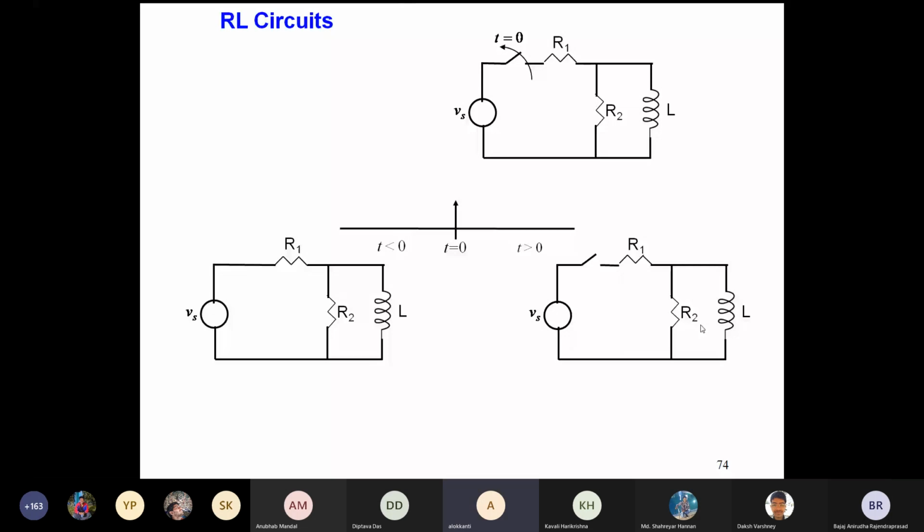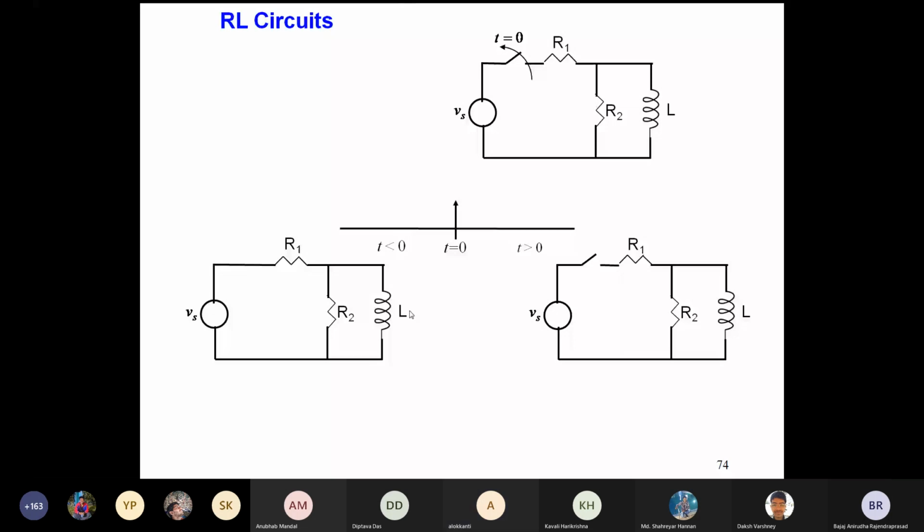At t less than 0, the voltage source was driving the circuit, and there was some voltage drop across R1 and across R2, and so on. Due to this, there will be energy stored in the inductor.